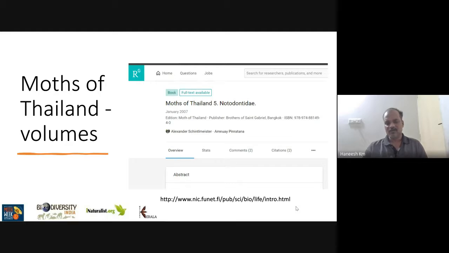When it comes to India, we have a much larger area with a large diversity, so only a handful of people cannot study and record all these moths. You need more eyes, more records, and more people to observe all these things.